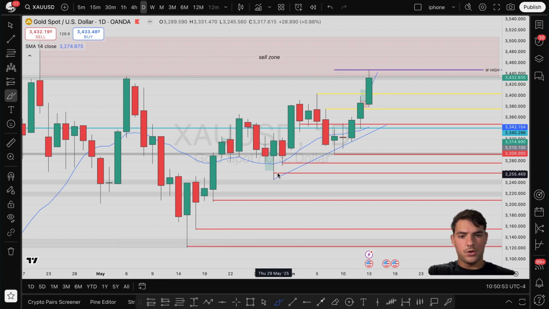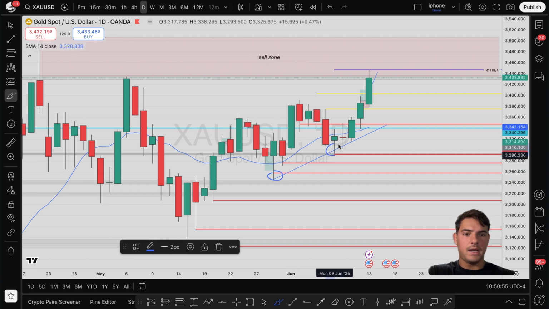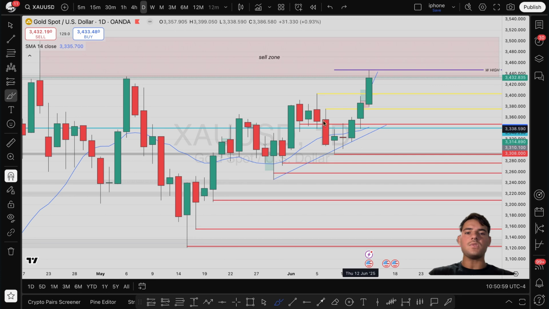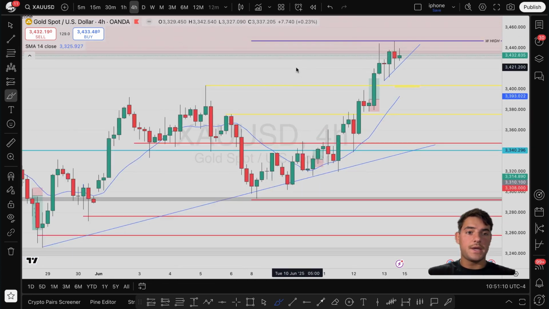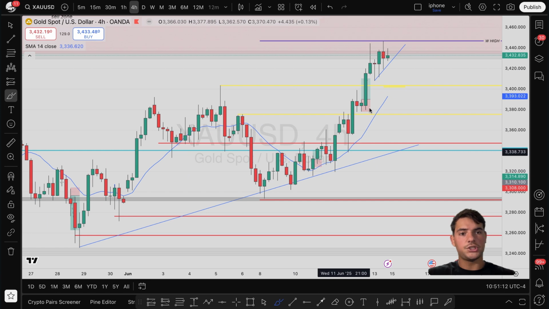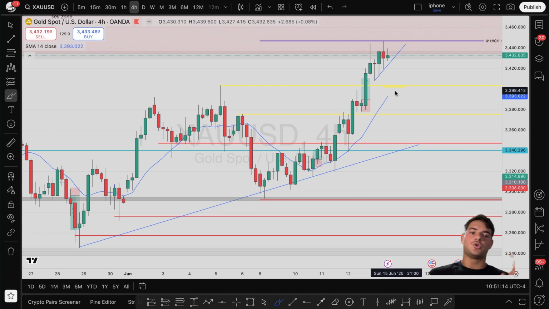If we look here, we have this trend line that played a big part of my trading last week. If you guys haven't watched the past video that I posted, go watch, because it explains this whole trend line. All right, on the 4 hour, again, we have the moving average coming underneath price action. So that's one indicator that I use a lot, and it shows me that it's going bullish, right?